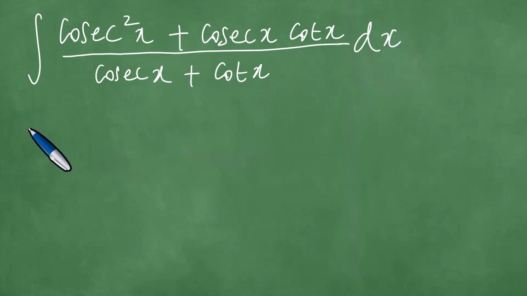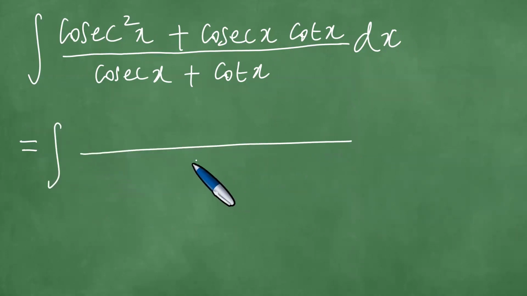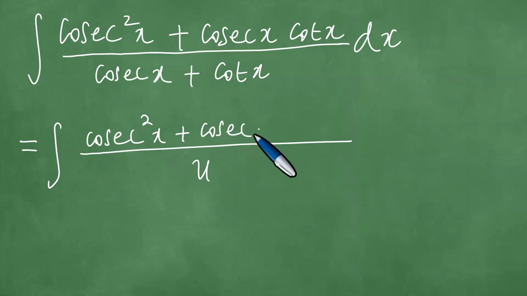So, and then, if we perform the substitution, the denominator is just u, and the numerator is the cosecant squared of x plus the cosecant of x, the cotangent of x.